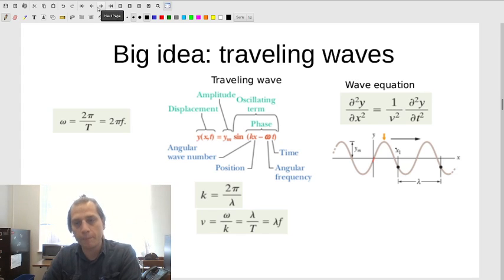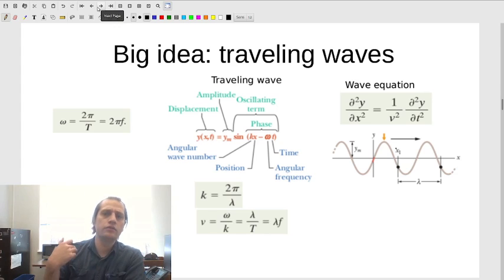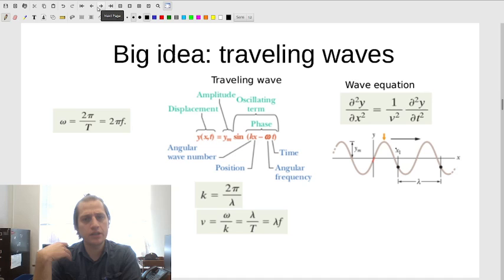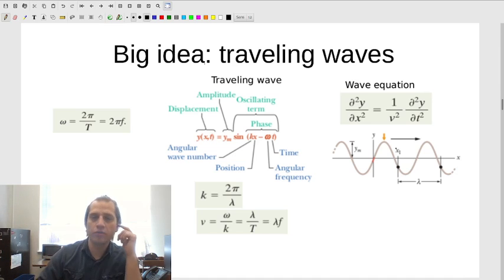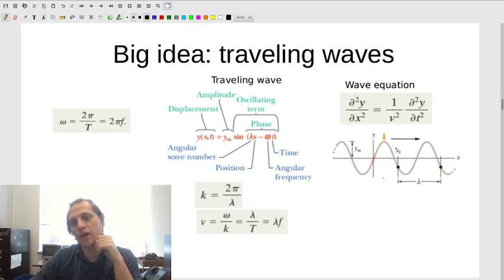All right, now from our standing waves, the next thing that we did was the idea of traveling waves. And with traveling waves, we want to be a little bit careful because we have two different things going on. For the first case, you've got this string which is going up and down.